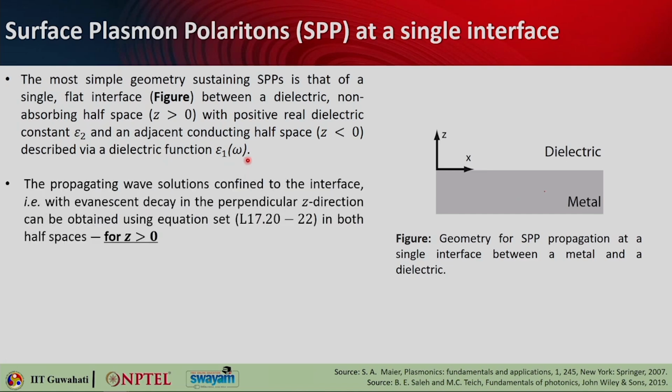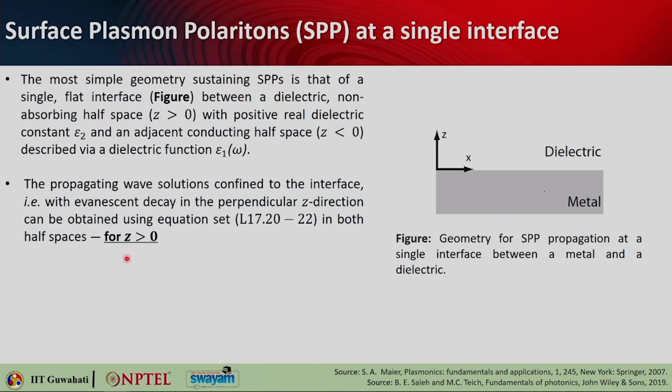Now the propagating wave solutions are confined to this particular interface. We have assumed that the evanescent fields decay along the z direction in both cases. If that is the case, let us first investigate these 2 half spaces separately.